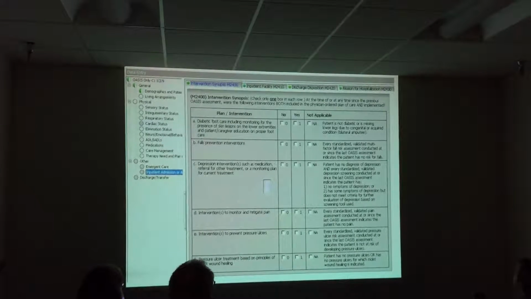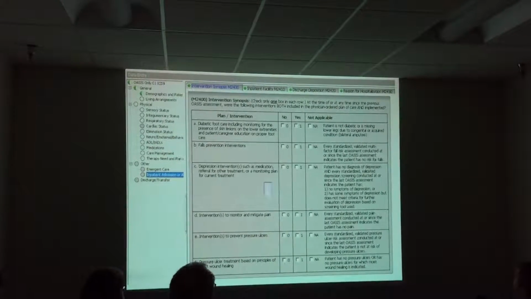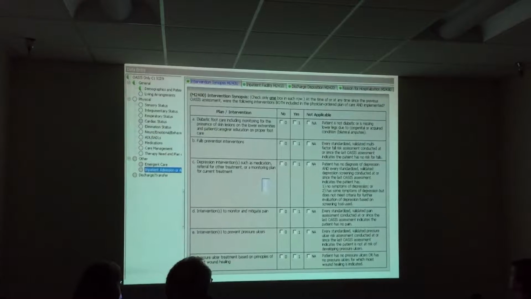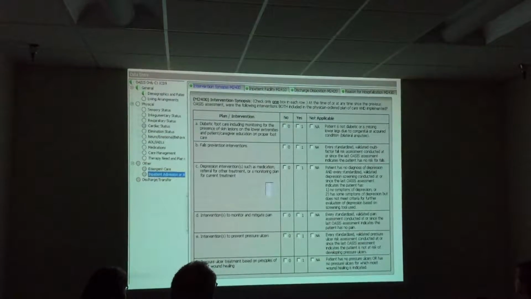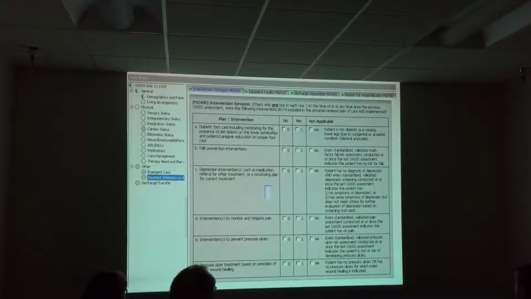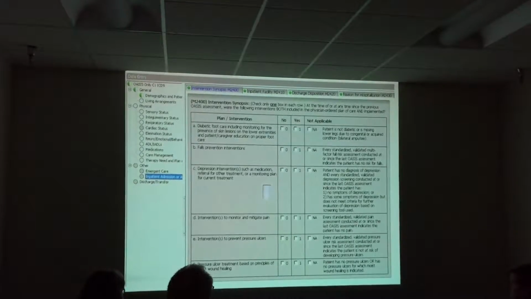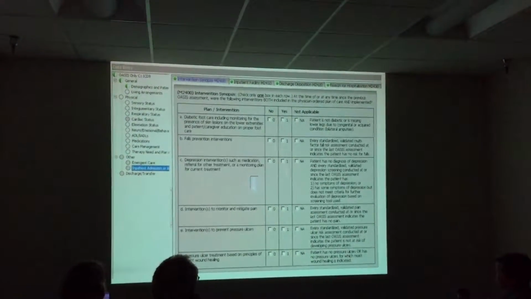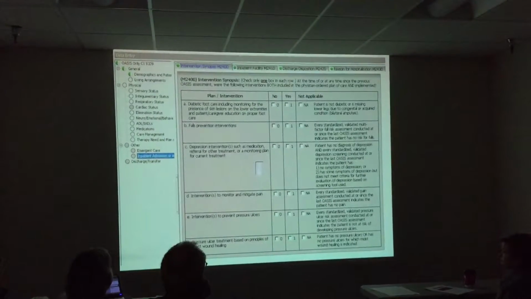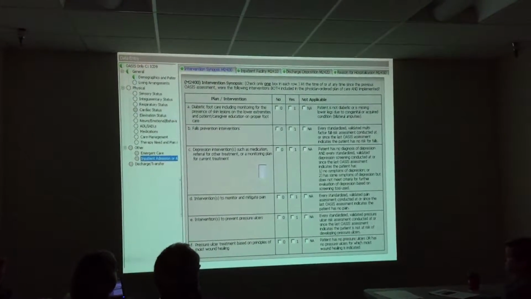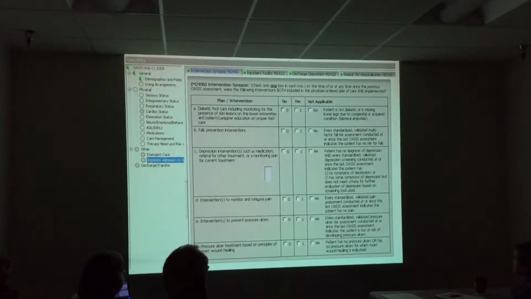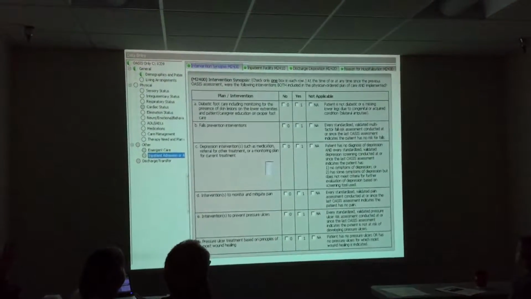But if they had pain, but no one ever opened a care plan, guess what you get to answer? Not applicable. So you really have to go to all your problems, your active and inactive, especially if you're discharging somebody else's patient. You need to go back to that start of care date and see if any of those problems were resolved, because they want you to go all the way back and make sure, okay?